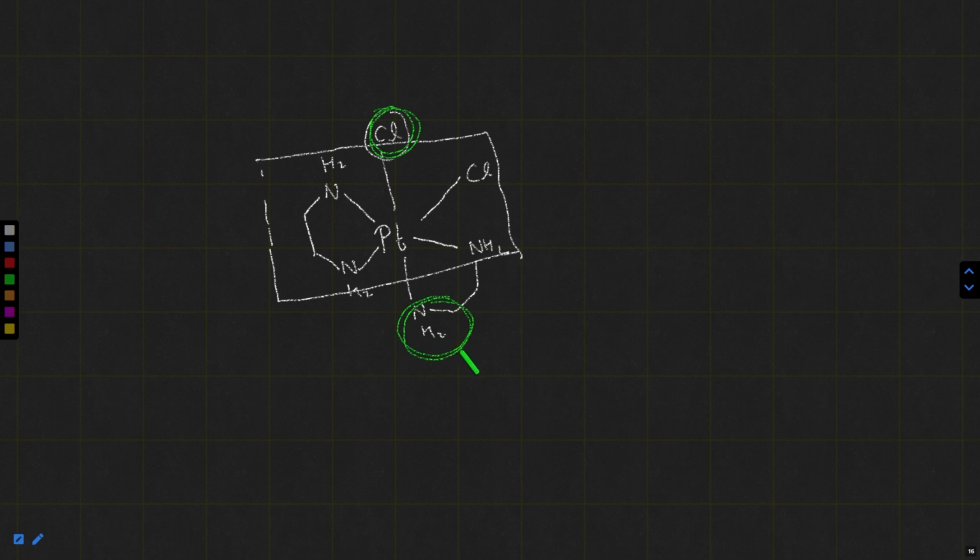We can try another plane. So this is our structure.